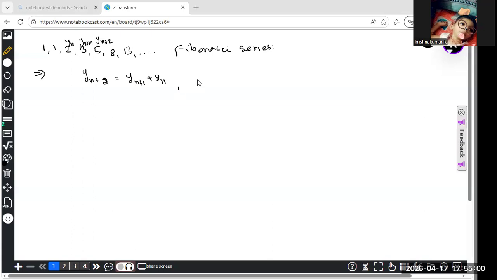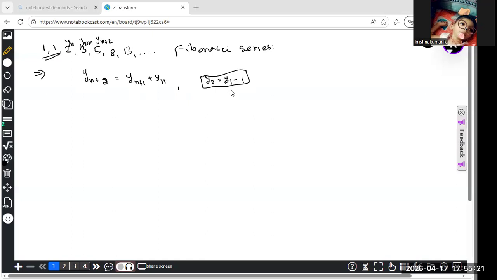The first two terms are the initial conditions. So here y0 and y1 both are equal to 1. This is the general form of the difference equation, and this is our initial condition. So this is our difference equation with two initial conditions.